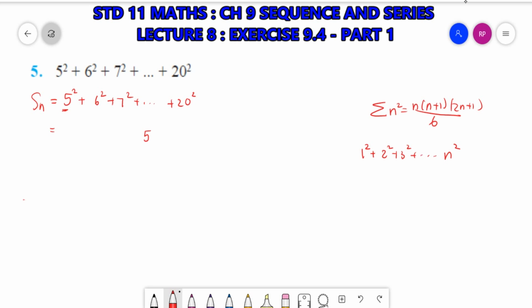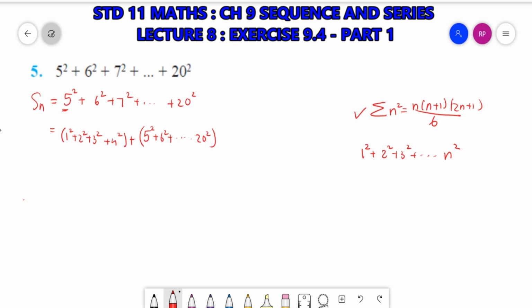I am writing 5 square plus 6 square plus up to 20 square. This is the given series. But if it was from 1 square, then I would be able to use this formula. So what I am doing, I am adding 1 square plus 2 square plus 3 square plus 4 square.